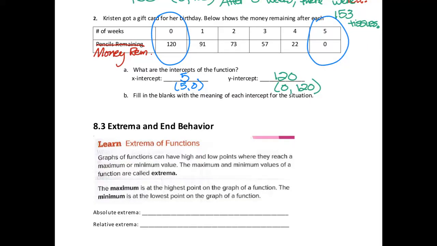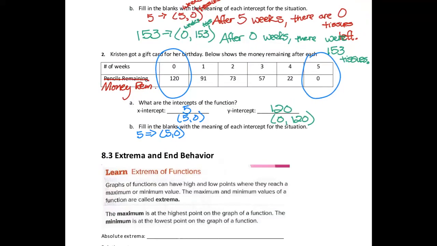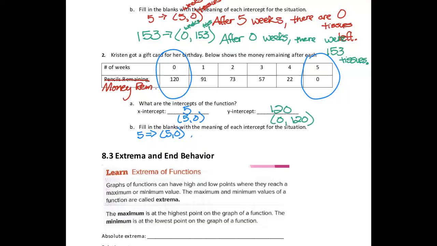So fill in the blanks with the meaning of each. The x-intercept is 5, which we know is the same as 5, 0. And in this case, we would say after 5 weeks, there is what?